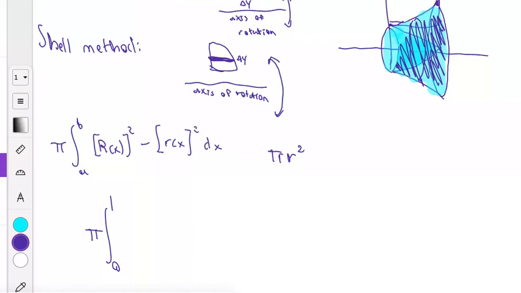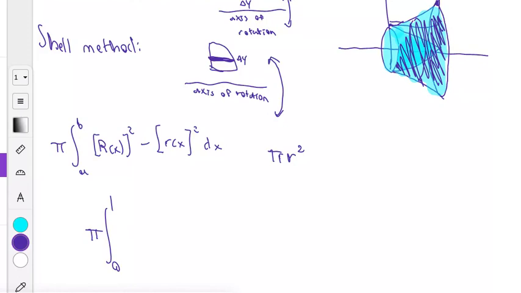However, since we are integrating around the axis of revolution y equals -2 instead of the x-axis, we have to take into account that -2. For that, we can subtract -2 from our big R of x and little r of x inside the brackets. We can also plug in our equations for big R of x and little r of x.